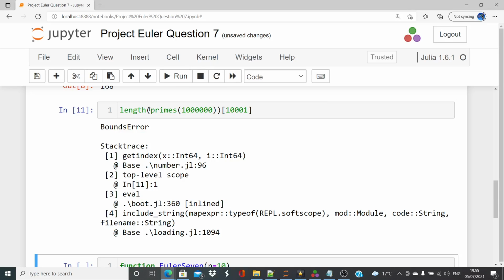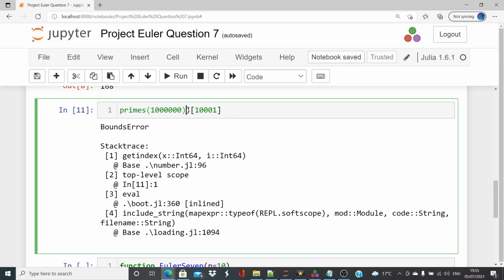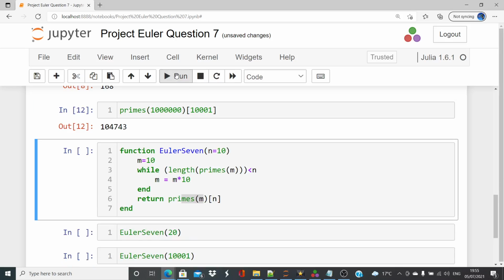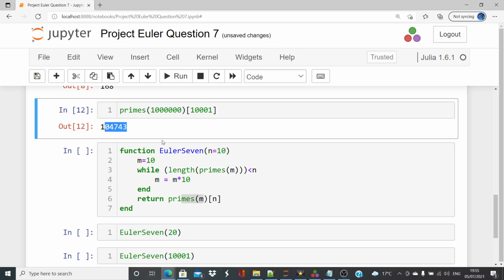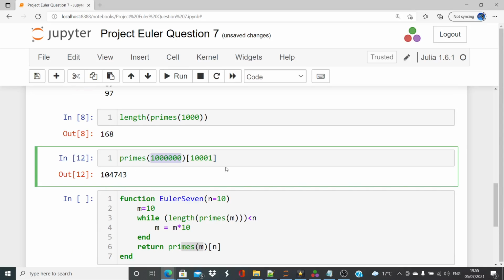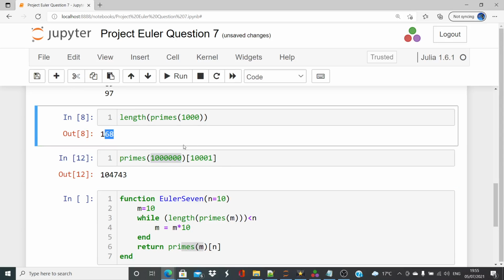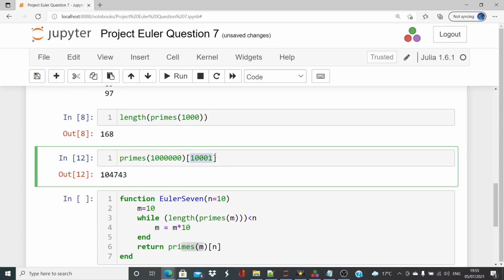Oops, sorry, that's not what I'm doing. So that's our answer there. It's essentially just scaling the input up such that the length here will be greater than this index here.